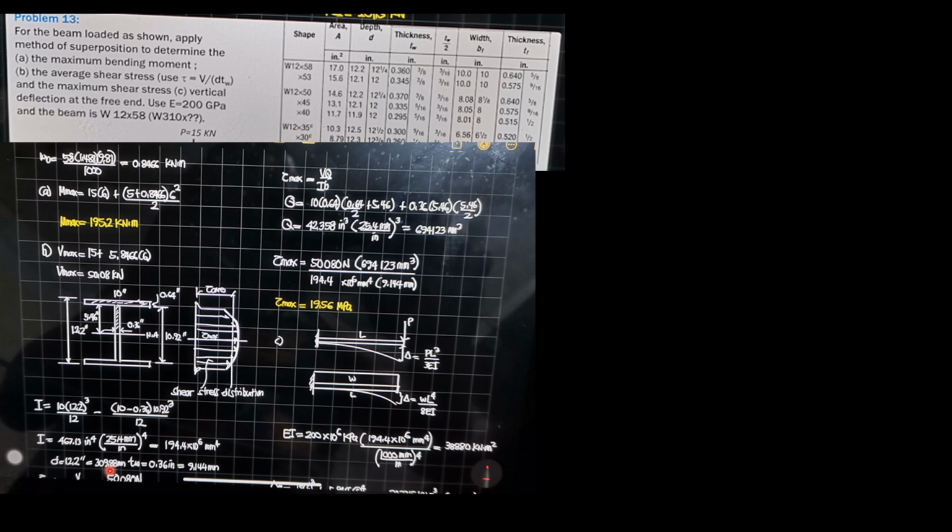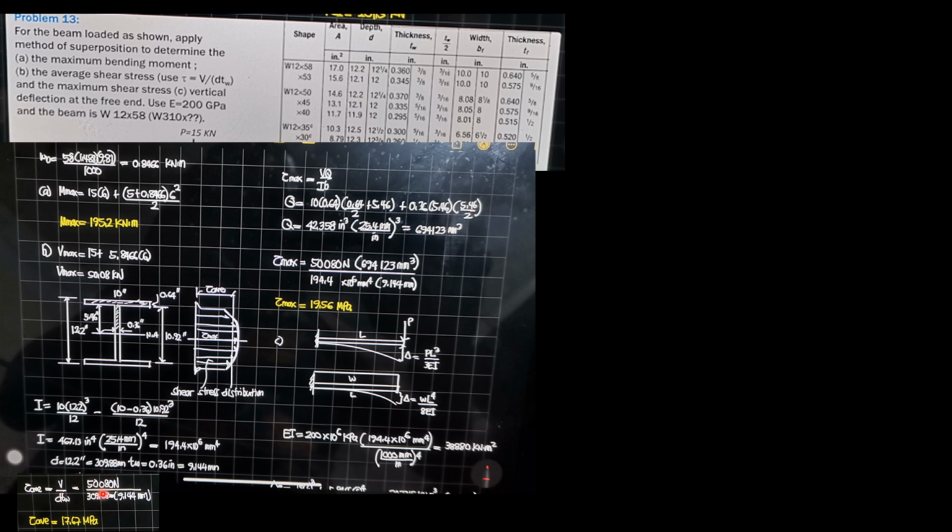The thickness of the web, 0.36 times 25.4, is 9.144 mm. So substitute into the formula for average shear stress, tau average, V over depth times TW.